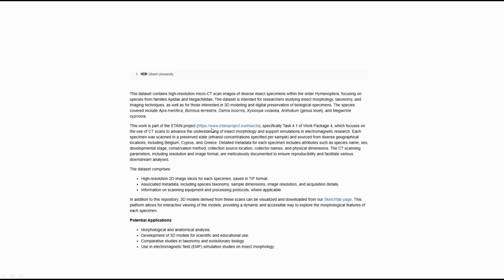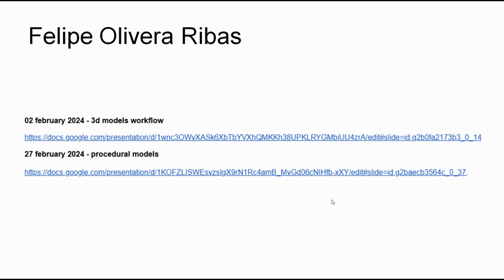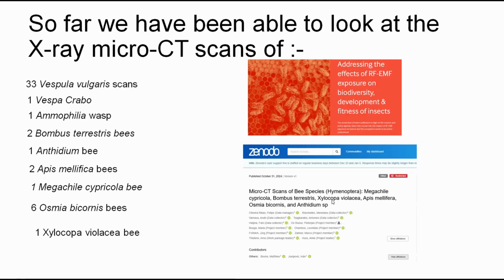It gives you the URL into ETAIN's insects, and also how you can go into their Sketchfab page and download some interesting models, of which these are well worth exploring. To date, these are the different species of wasp and bee that we've looked at.